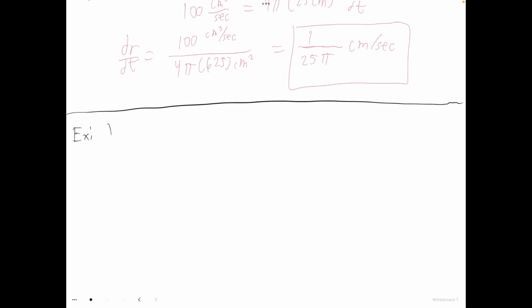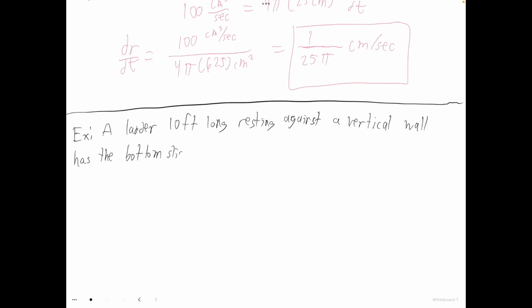So our next example is we're going to have a ladder that is 10 feet long, resting against a vertical wall, and has the bottom sliding away from the wall at a rate of 4 feet per second.